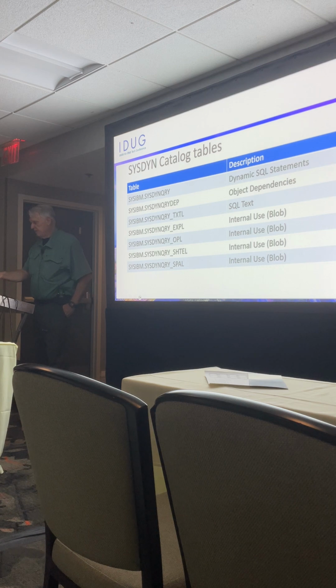Obviously, SYSQUERY has the SQL statement. The dependency table stores the views and table names, and I believe indexes also, that are dependent on that query. And there are four of them that are just internal, with no good description on those tables. You can kind of guess by the name what they are.